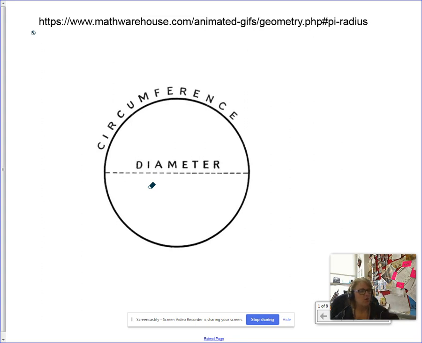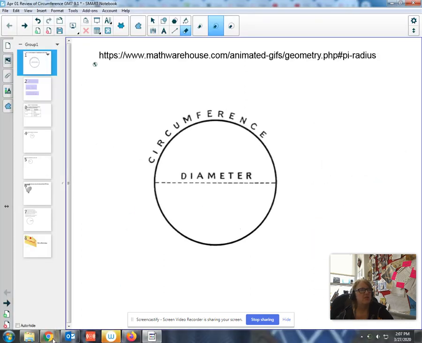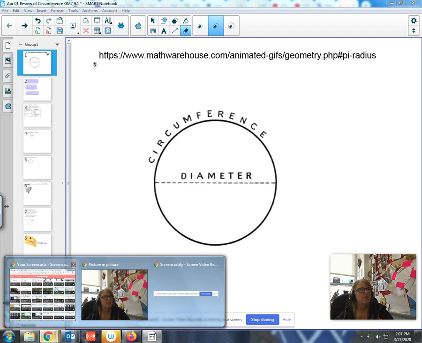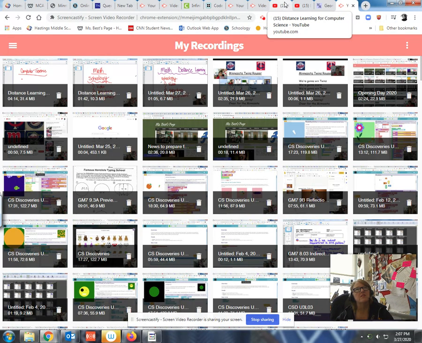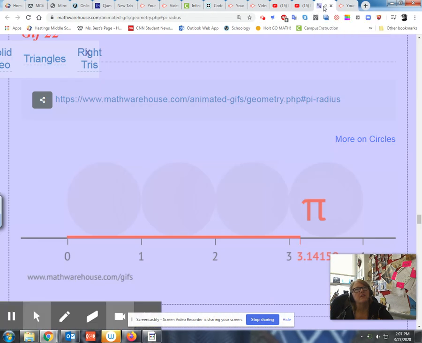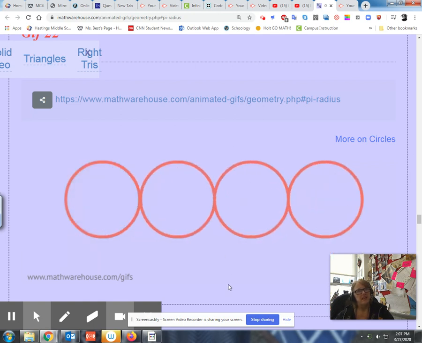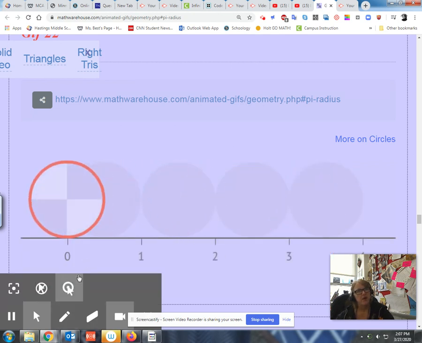Alrighty. So let's remember what circumference means. Circumference means distance around the circle. In fact, I found kind of this cool animation. Let me show it to you quick to help you remember or visualize what it looks like. A circle, once around a circle, is the circumference.